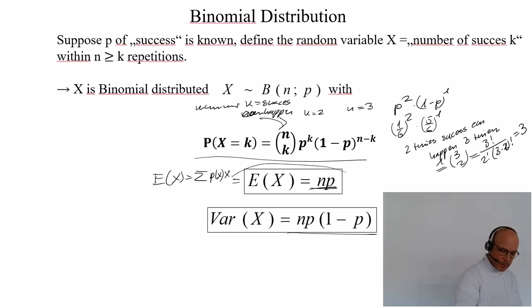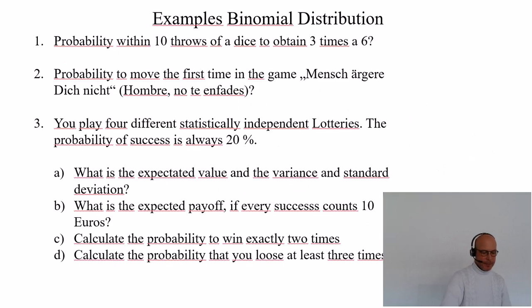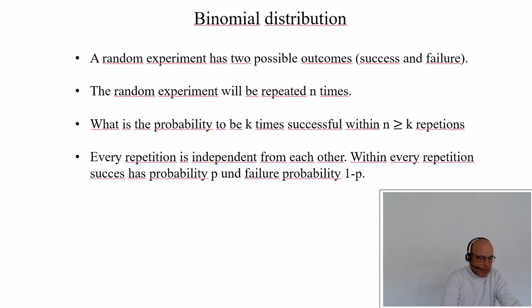This I really hope you have seen in your introductory course, because this is one of the central distributions which we are using in statistics. So the examples we will do then together next week, and let's go on.